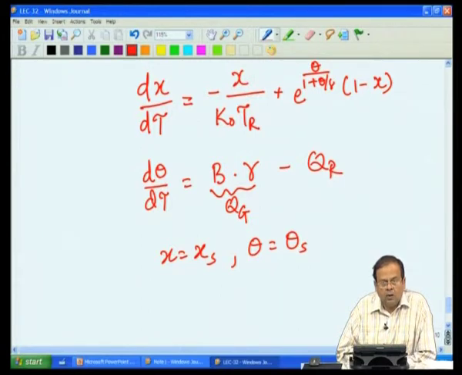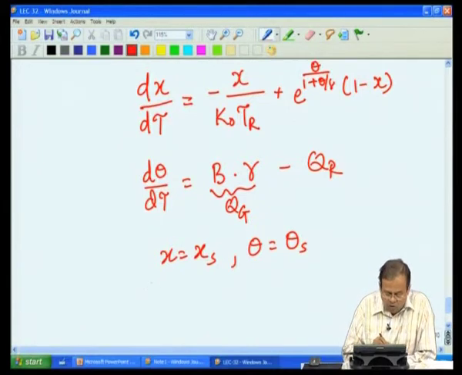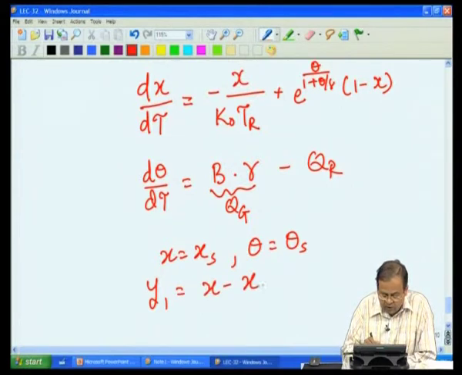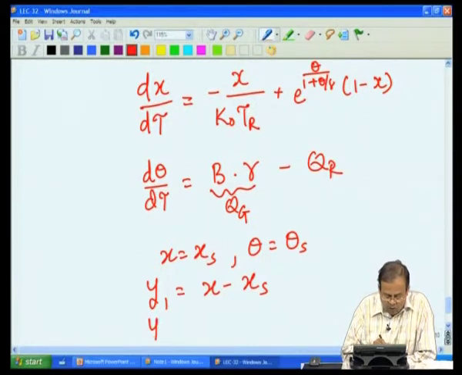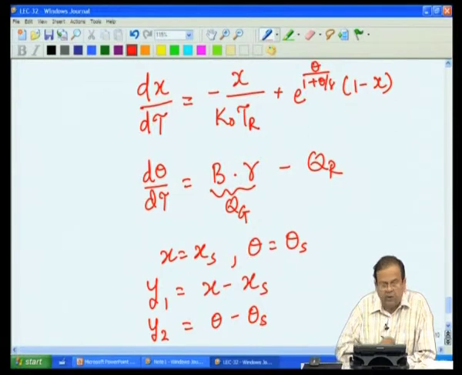Okay. Then we will define the perturbation variables. We are looking at only a two dimensional system over here, that makes matters a little easy. So, we will define our perturbation variable y 1 as x minus x s and y 2 as theta minus theta s.